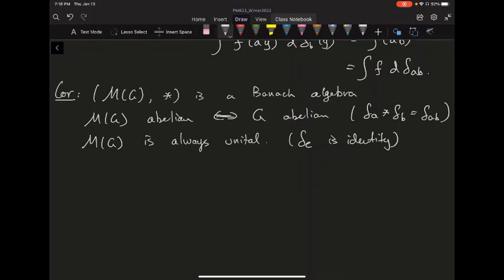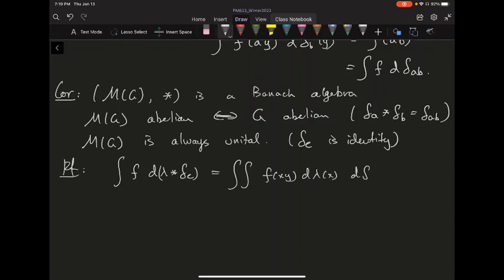And let's just quickly prove the last bit, because the first two are kind of trivial. If I want to integrate a function f with respect to d lambda convolved with delta_e, this is essentially just the double integral of f(x,y), where you do the d lambda(x) first, and then the d delta_e(y).